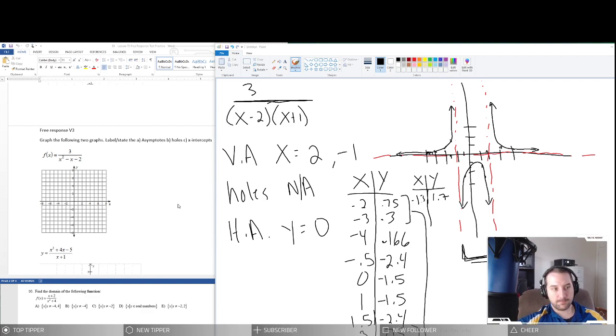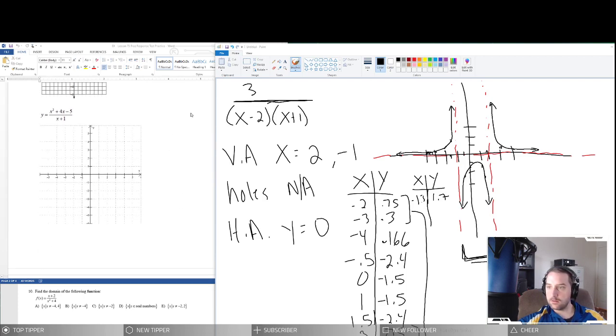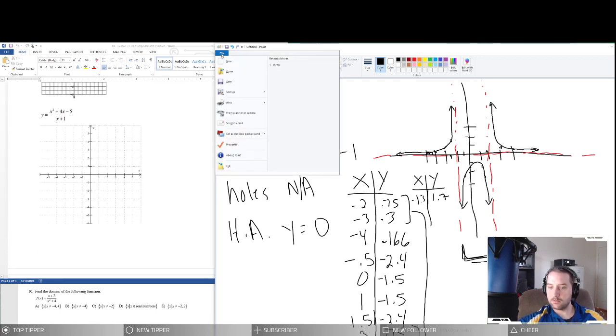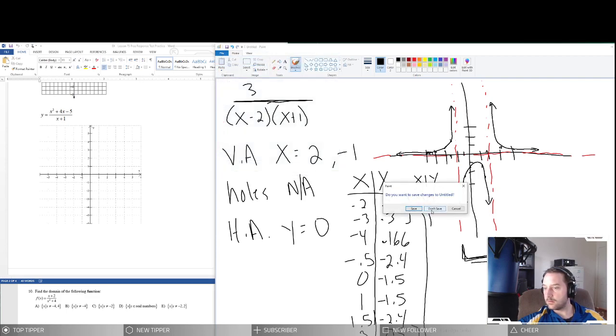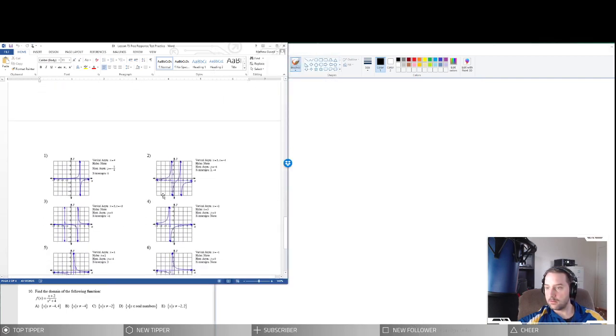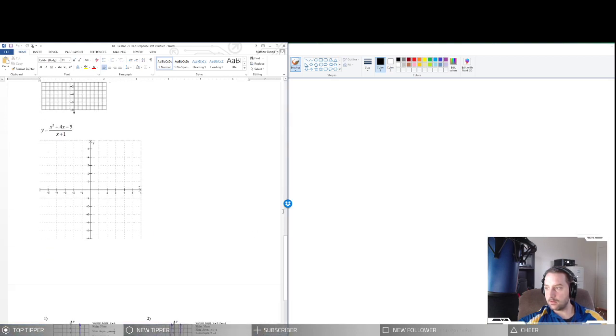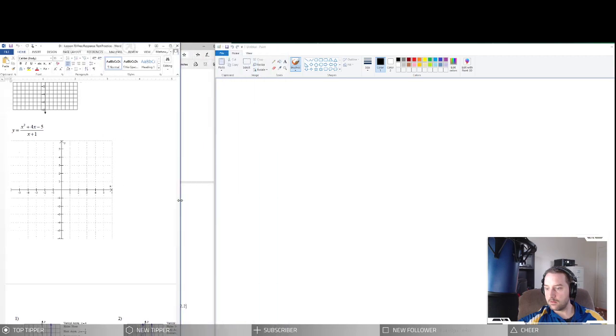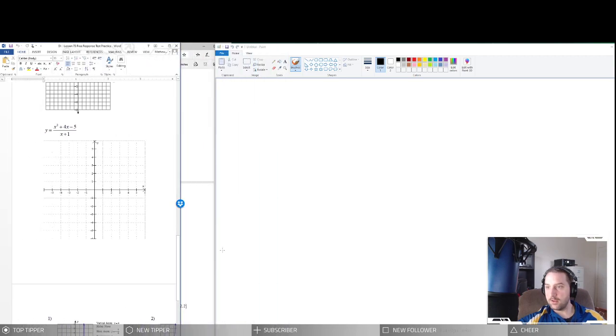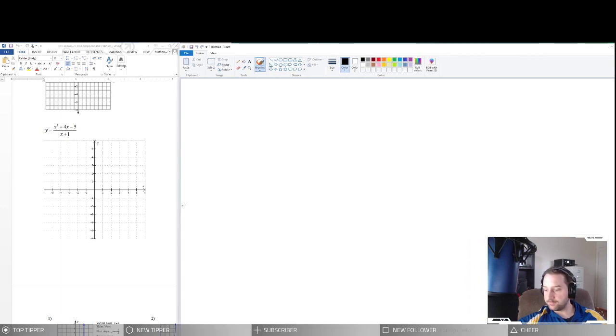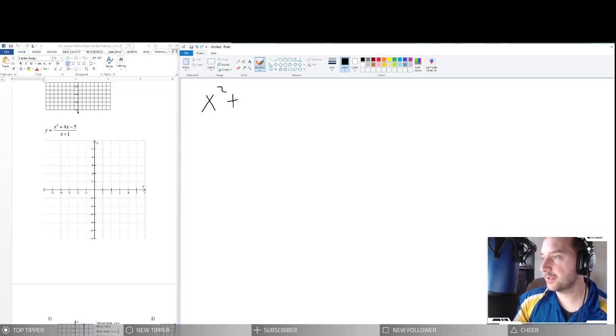The 6 graph? Let's look at that one. Okay. So on this one, I have x squared plus 4x minus 5 over x plus 1.